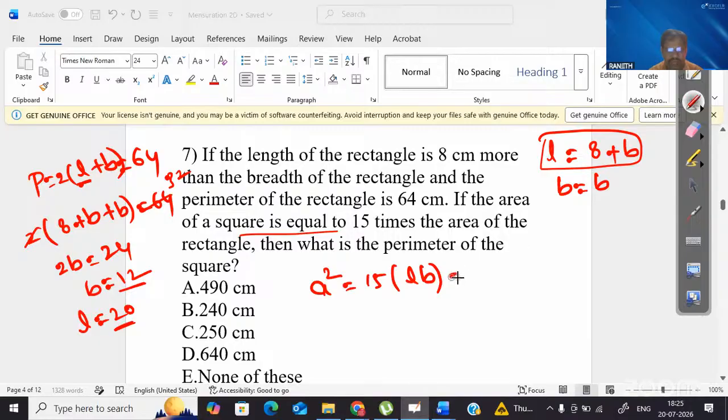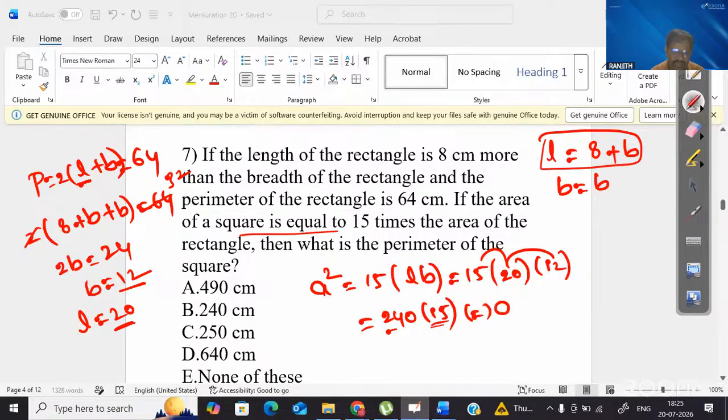So it will be 15 into 20 into 12. So the area of the square equals 240 into 15. 24 into 15 equals 360, where A equals 60.